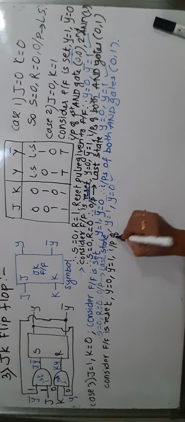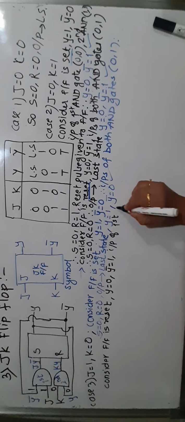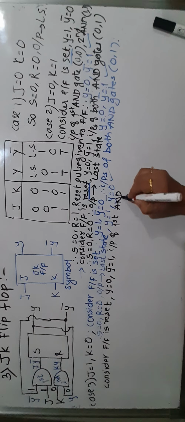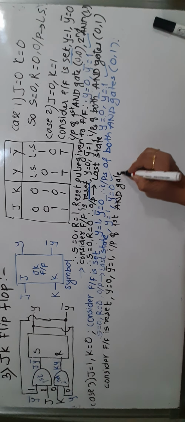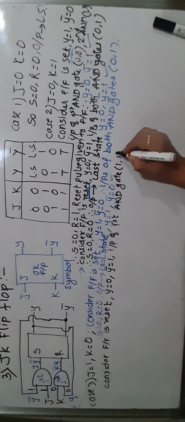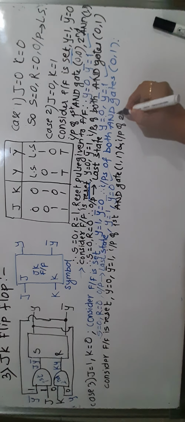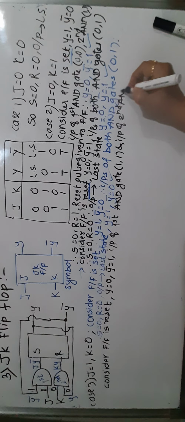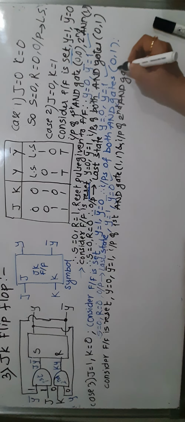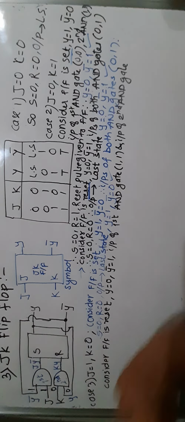Now we can see the inputs of AND gates. Input of first AND gate is 1 1, and input of second AND gate is 0 0.